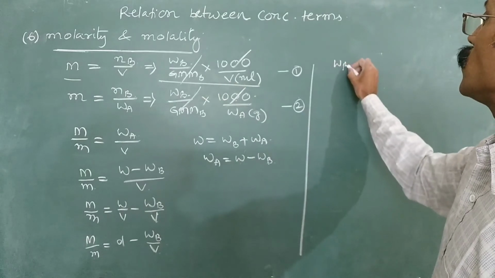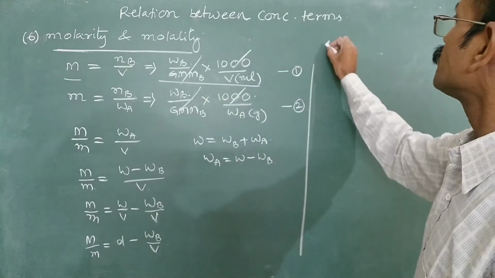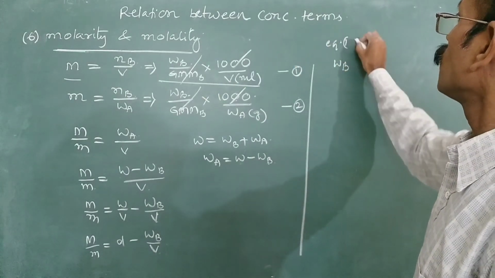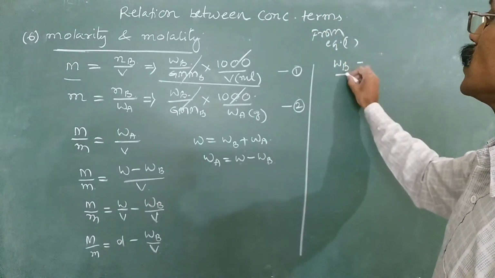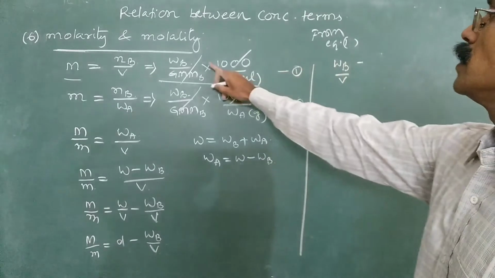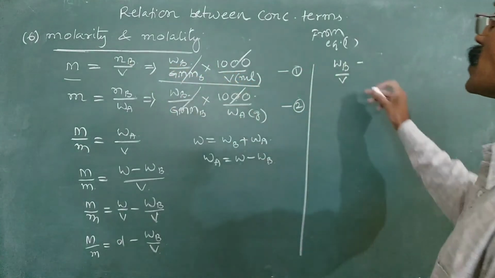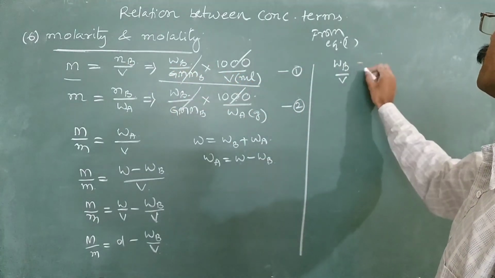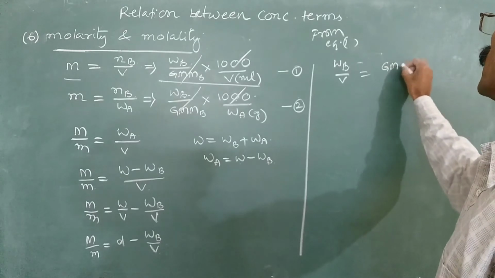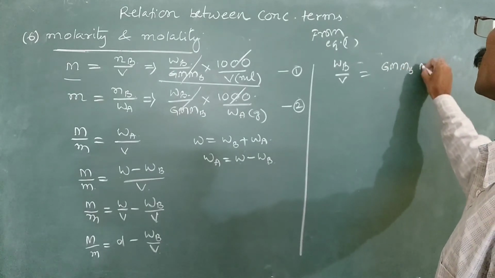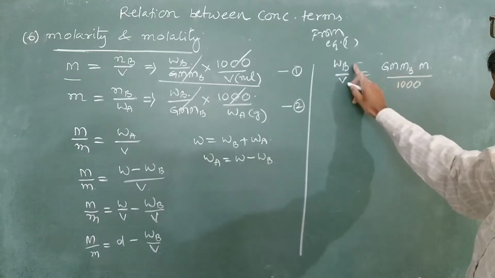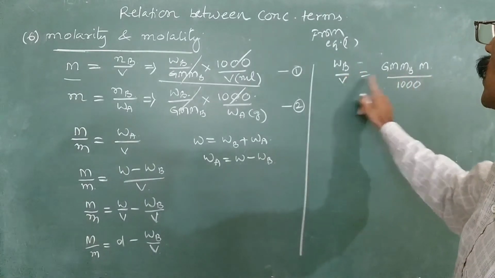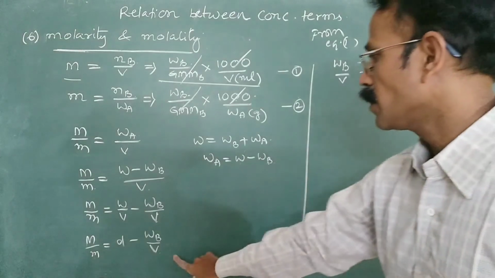So now WB by V is equal to what? From equation 1, WB by V is equal to gram molar mass of solute into molarity divided by 1000, right? So we can substitute this value here.